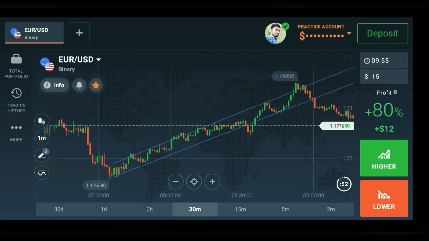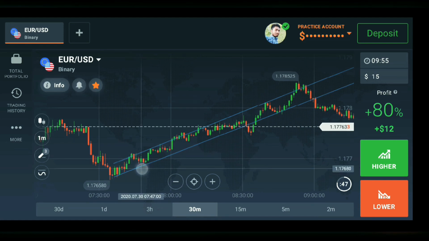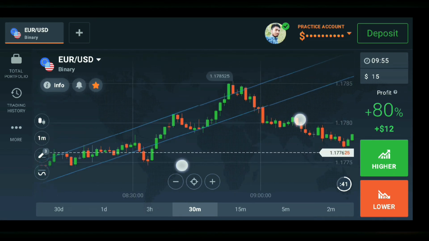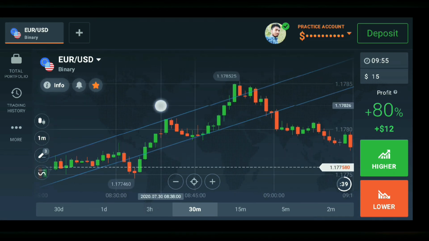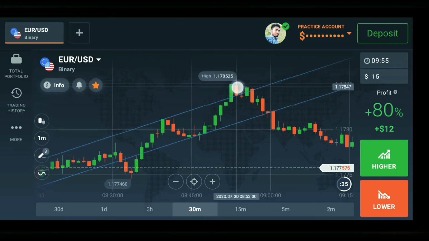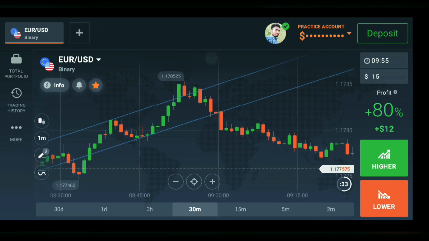This is the higher low, this is the higher high, this is the higher low, this is the higher high. So this is how market is moving. But after this higher high we didn't see any new higher high.